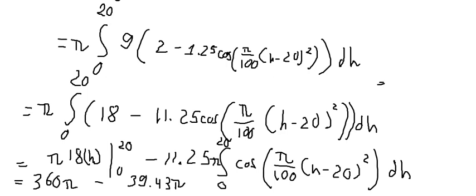So we have 320.57b, and this is approximately 1007.1, and we have square centimeters. And this is the final answer.